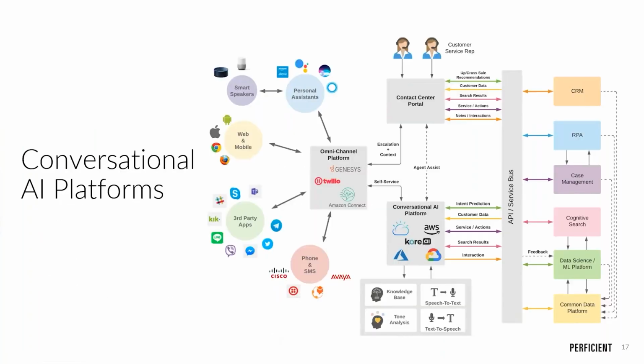Great, thank you, Carrie. So this diagram hopefully gives you a little bit of an insight into the different components that go into this conversational platform solution. We talked about omnichannel, so as you can see, there's a wide variety of different ways a patient or a consumer could interact with your organization.